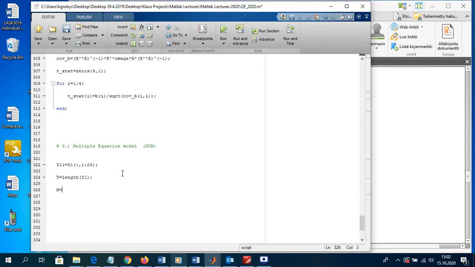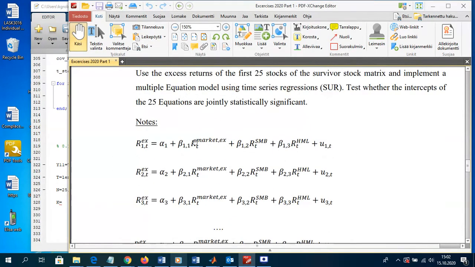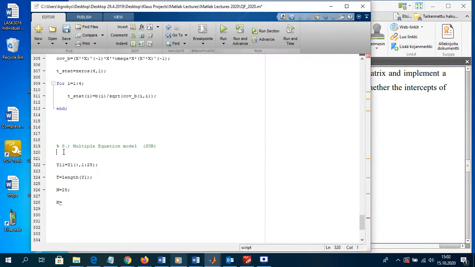So N is now 25, N is the number of stocks in our sample. K, let's define the parameters for each equation. So we have 4 parameters in each equation, three beta exposures and 1 alpha, so it's four regressors, 4 parameters. So K is 4.